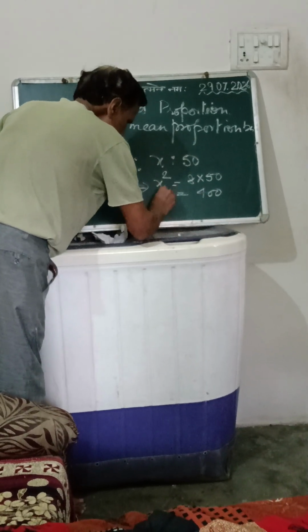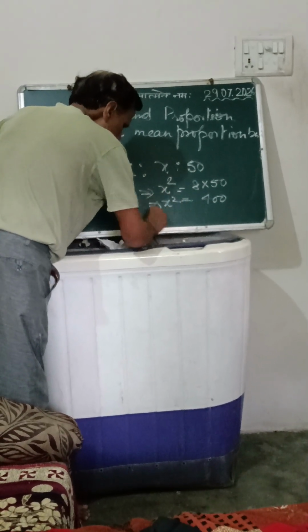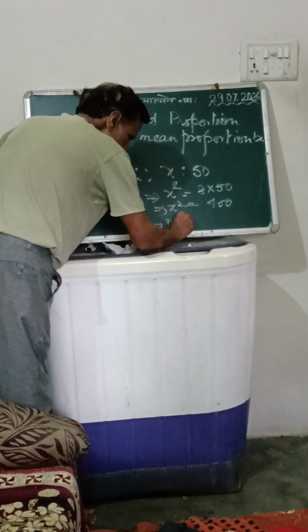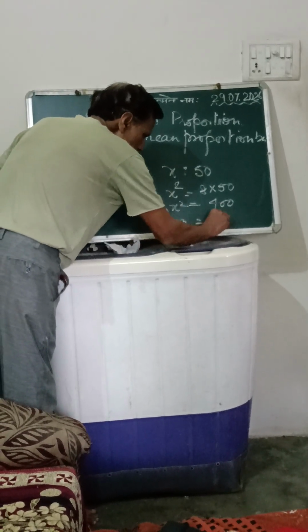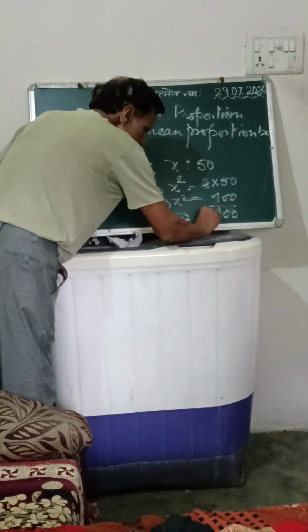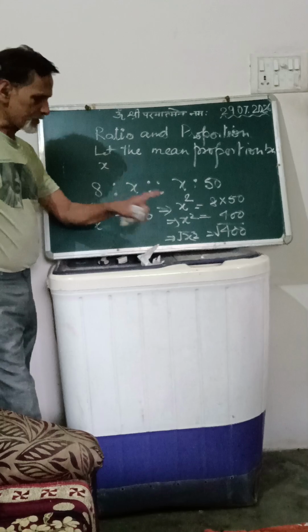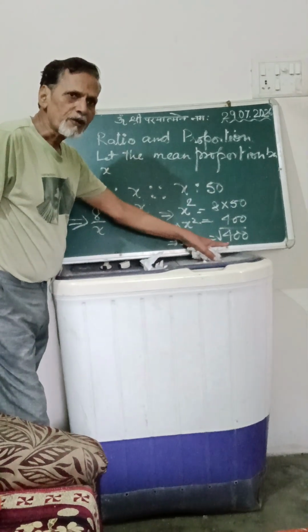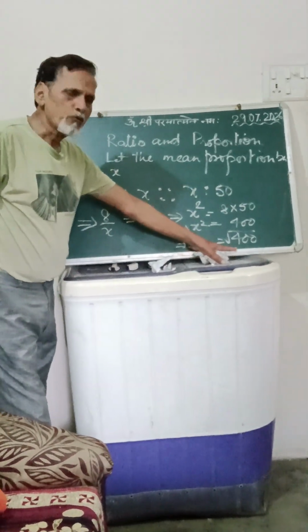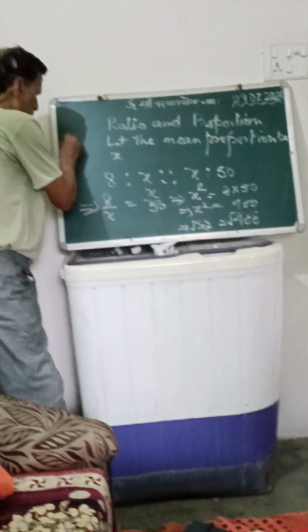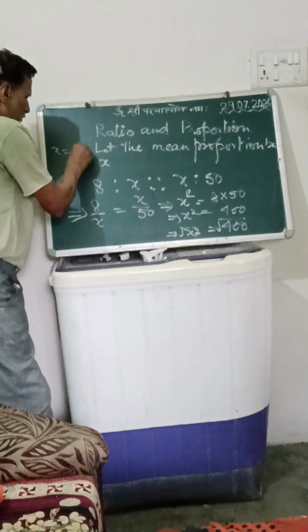I mean x square is equal to 400. Now the square root of x square is equal to the square root of 400. The square root of x square is x, and this will be 20. All of you know that 400 is the square of 20. So its value will be x is equal to 20.